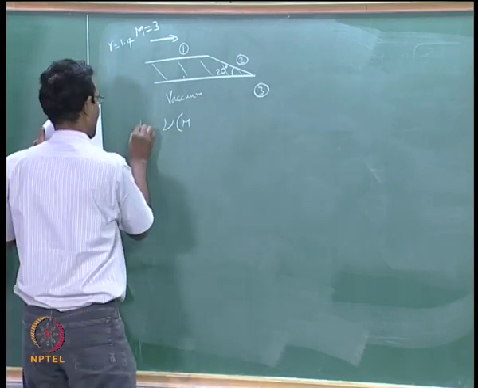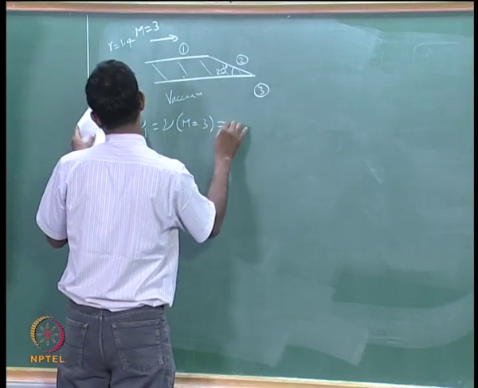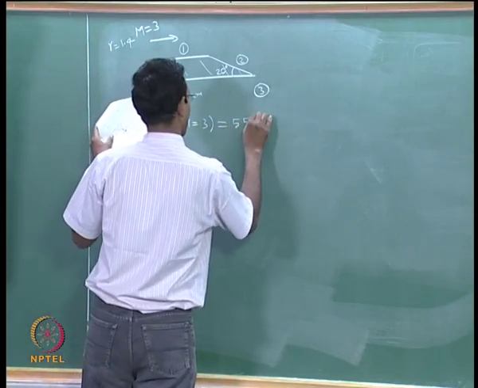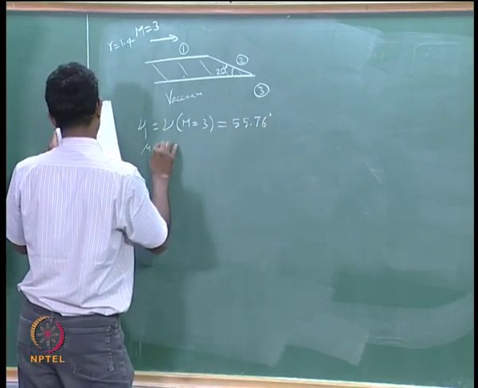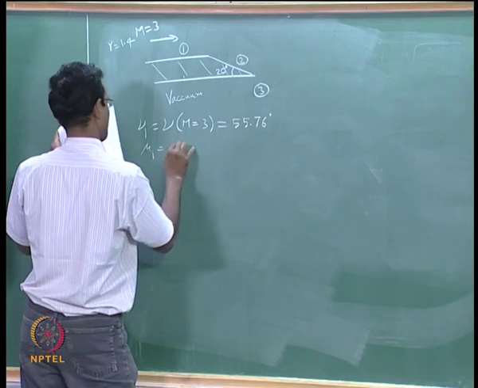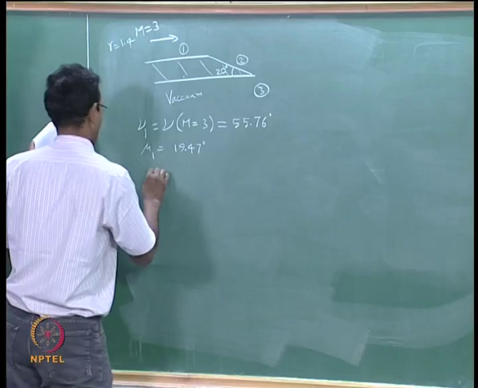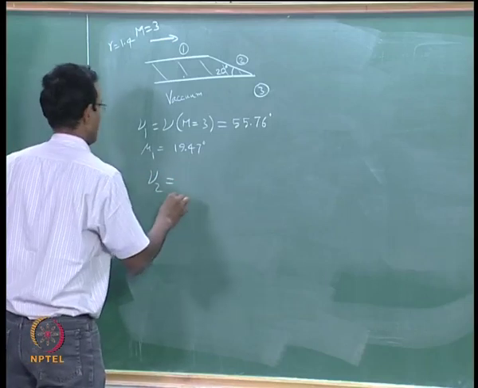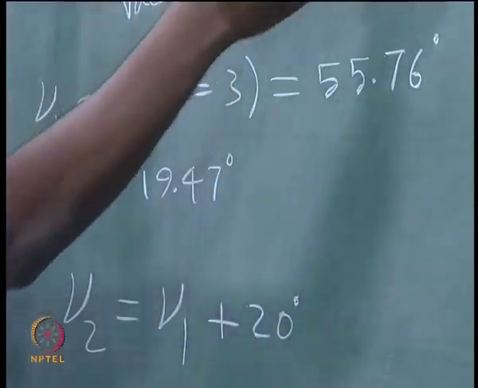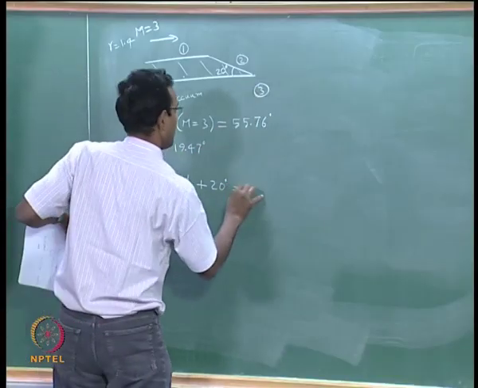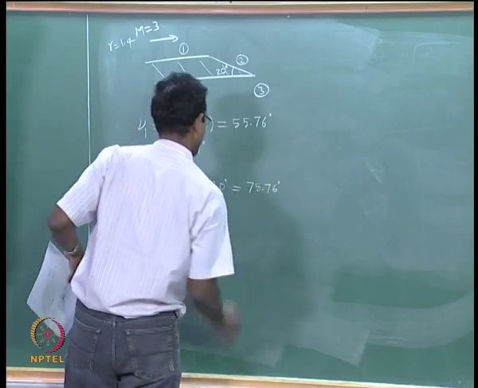So, nu 1 at M equal to 3 happens to be 55.76 degrees, and mu 1 happens to be 19.47 degrees. Now, nu 2 must be nu 1 plus 20 degrees because it is expanding, which is 75.76 degrees.